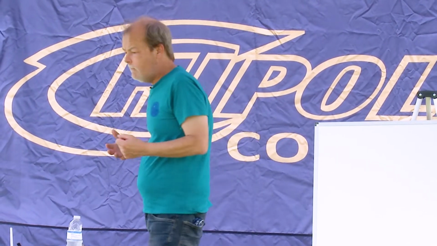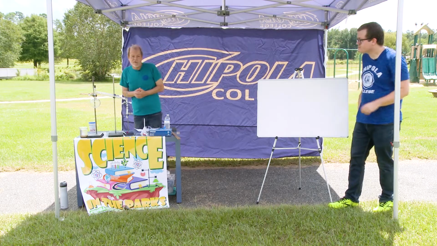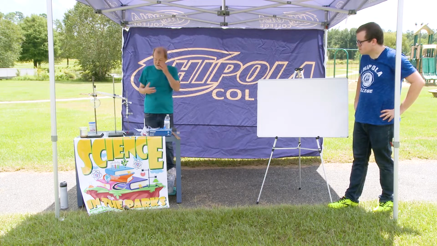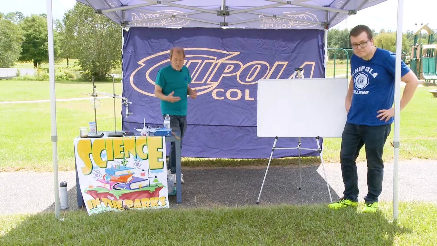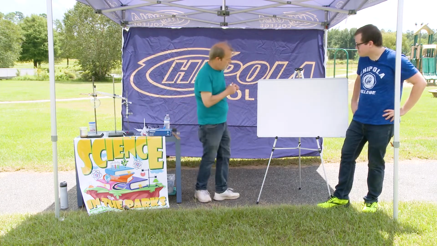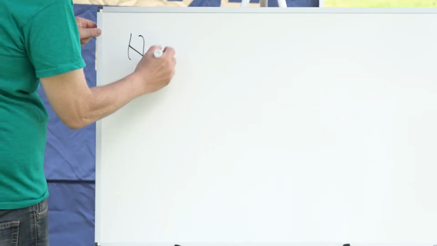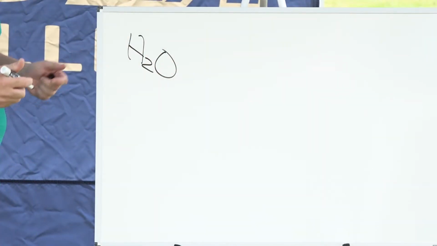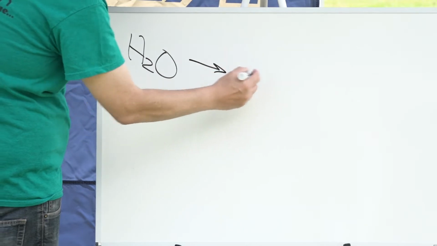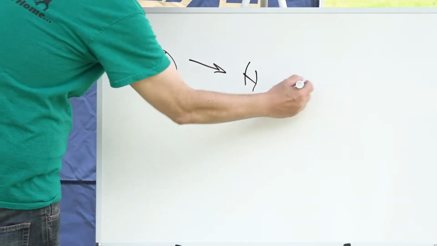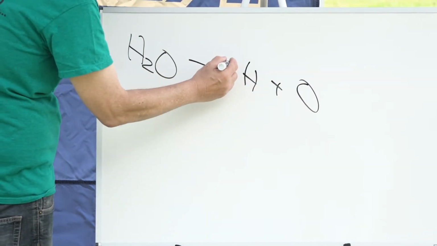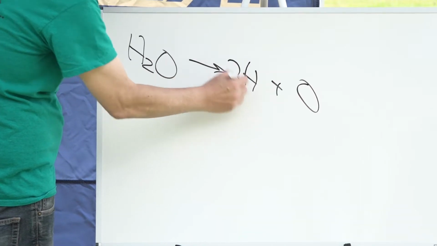Now, one way of doing that is what's called electrolysis, where you actually apply energy to the water, to the H2O, and in that case you form H's and O's. Just to make sure it's balanced, I think I need to do 2 of those.